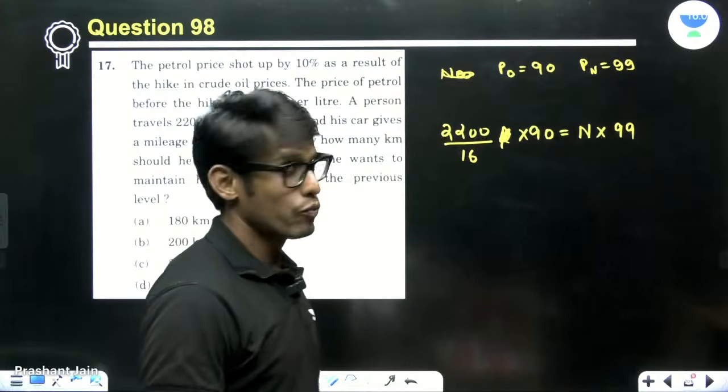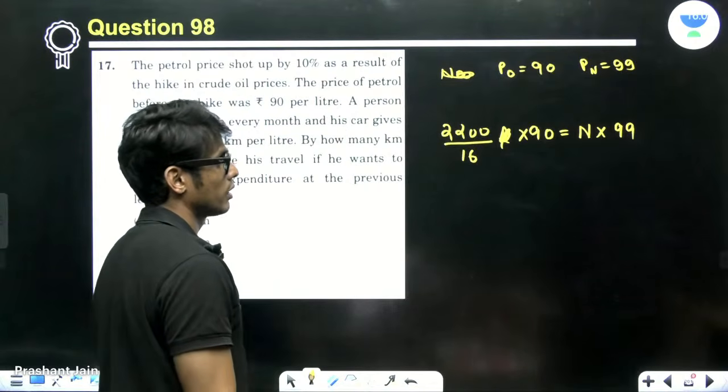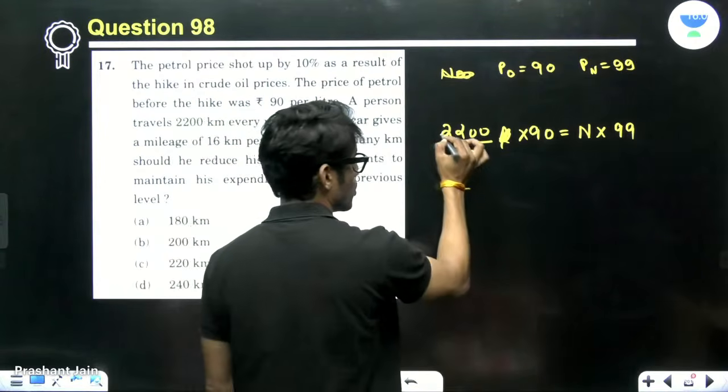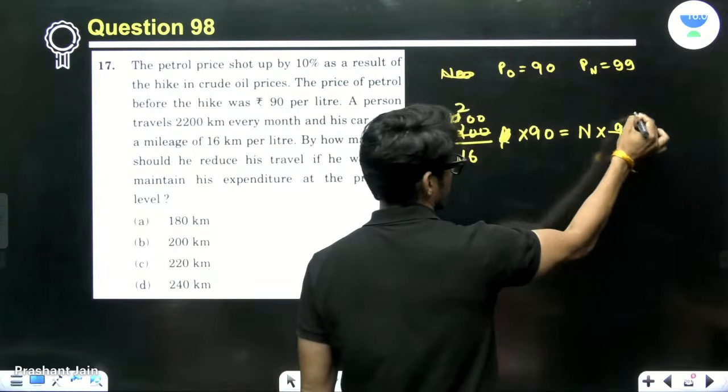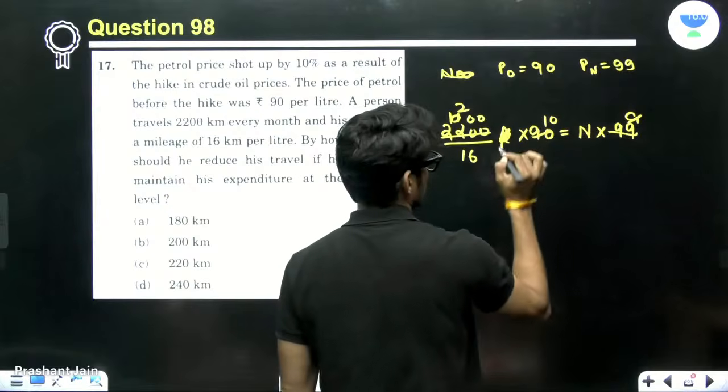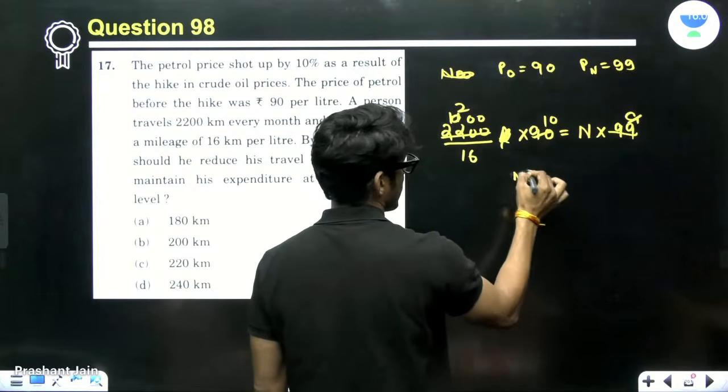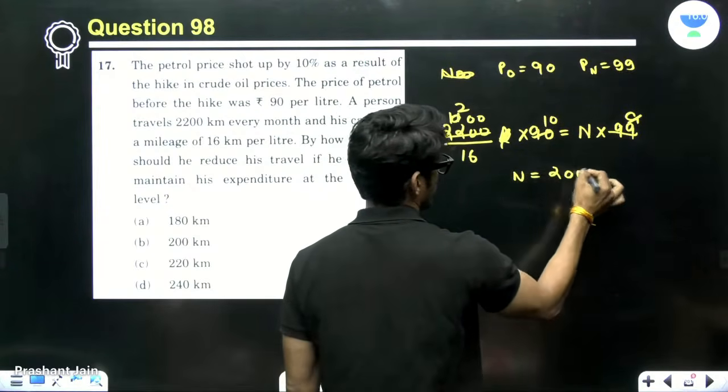So what do we have to do? We simply have to calculate N. Now you know the table of 11, right? So N is 2000 by 16.